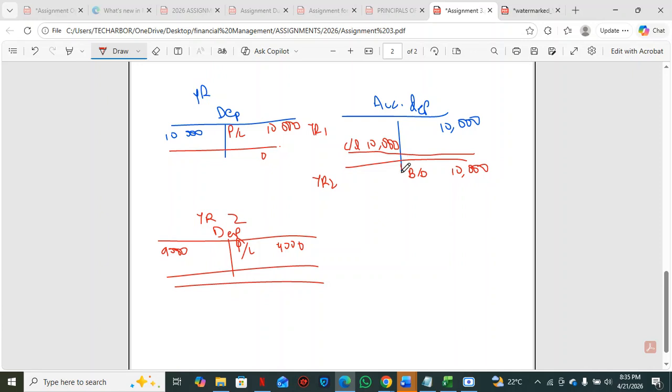Under the accumulated depreciation account, remember the balance brought down of 10,000. Now we've brought in 9,000 for this year. So the accumulated depreciation is 19,000. We say balance carried down 19,000. Then in year 3, the balance brought down for accumulated depreciation is going to be 19,000.